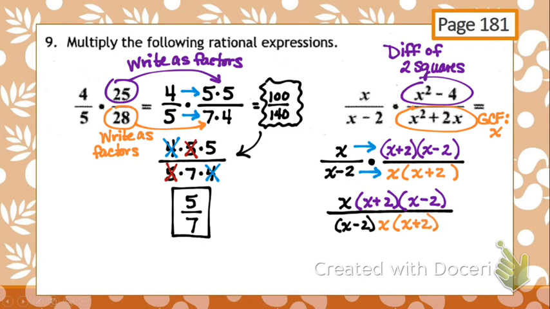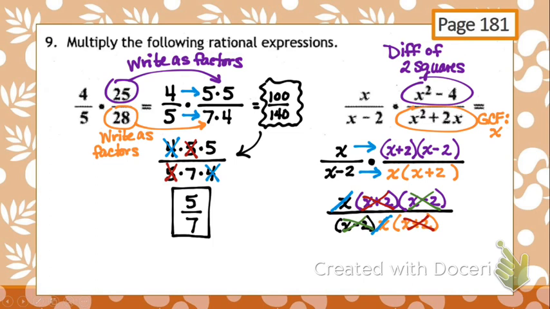What's going to reduce here? The x and x minus 2. Yep. The x and the x are going to cancel. X plus 2 and x plus 2. Anything else? Yeah, x minus 2. So is my answer 0? That means it's not valid.